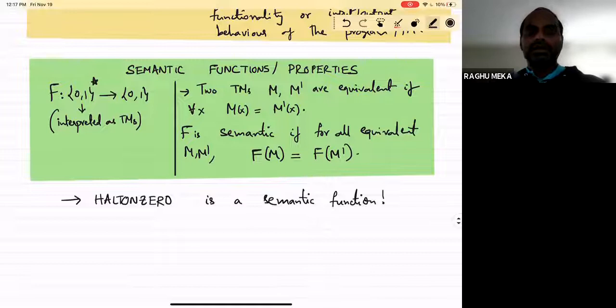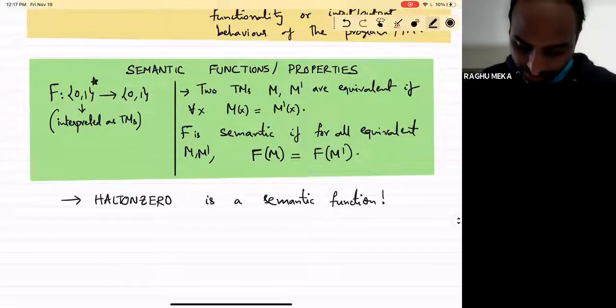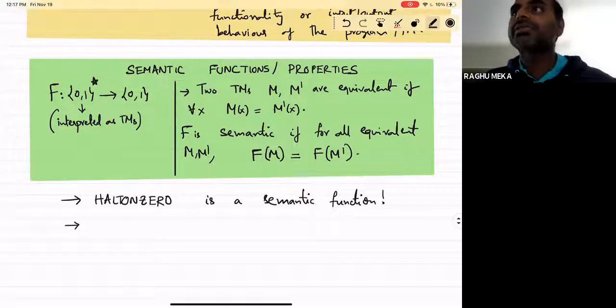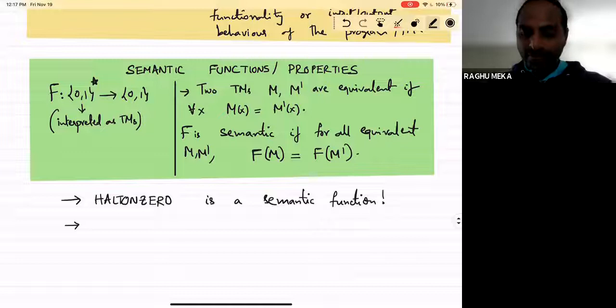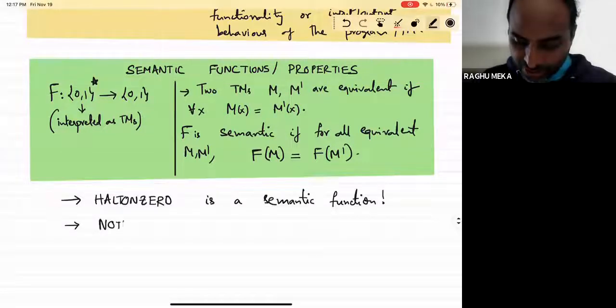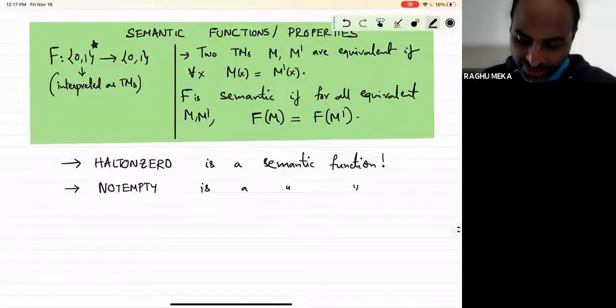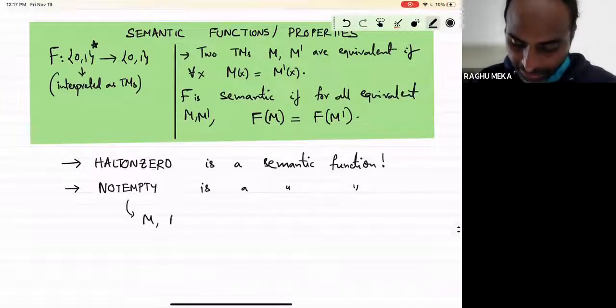Okay. And how about any other examples? Well, not empty is also semantic. Why? If I have two machines, remember if I have M and M prime, right?